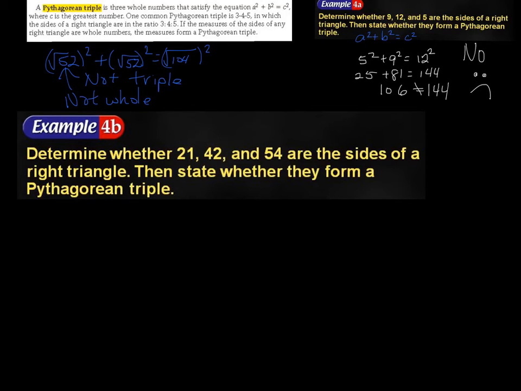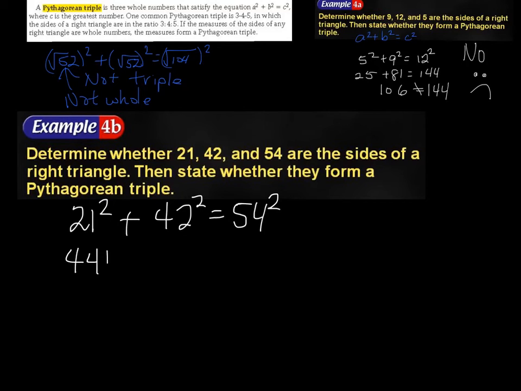So same problem, different numbers. We're checking to see if 21 squared plus 42 squared equals 54 squared. And when we square those using a calculator, we get 441 plus 1,764.